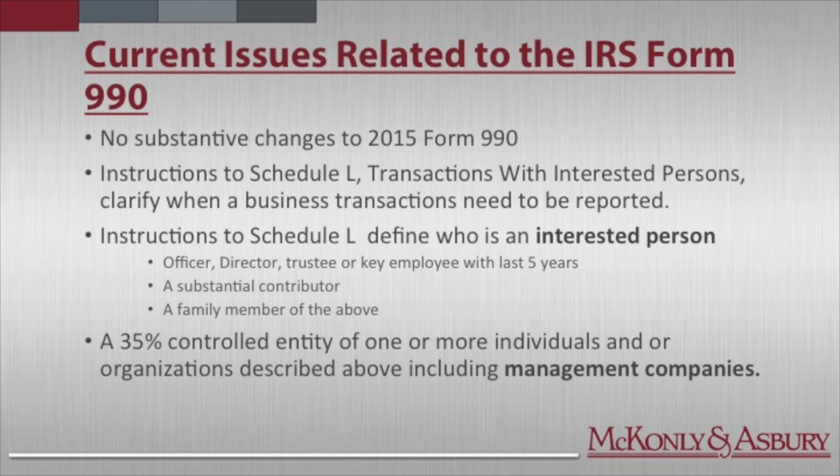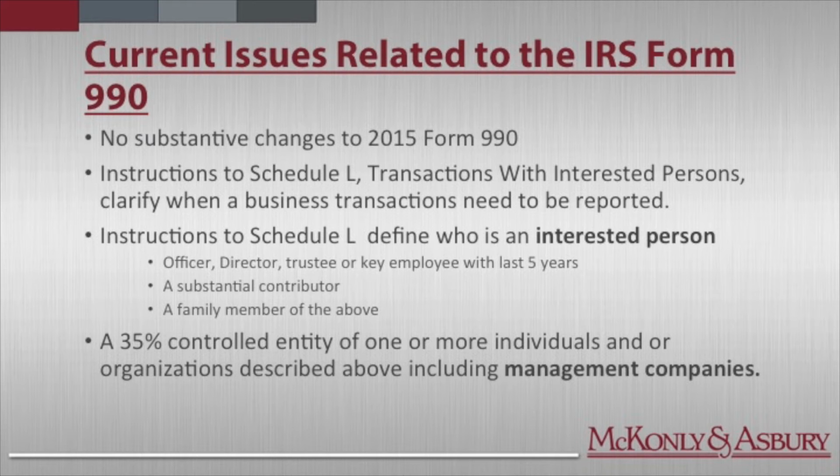Also, you're dealing with outside companies that have a 35% controlled entity of one or more of the interested persons. So you've got a director who has a company that they own 35% or more, and you are having a business transaction with them.